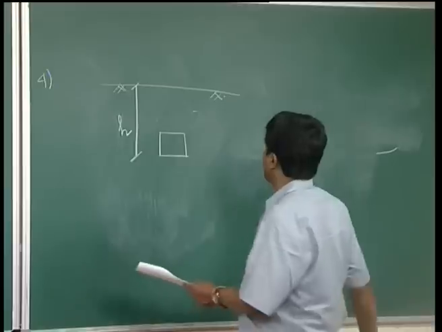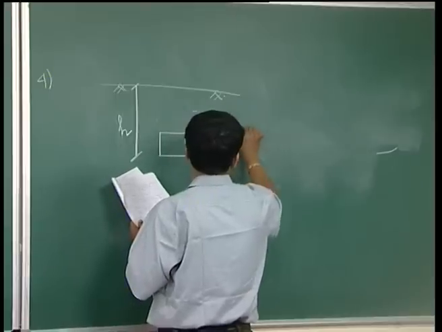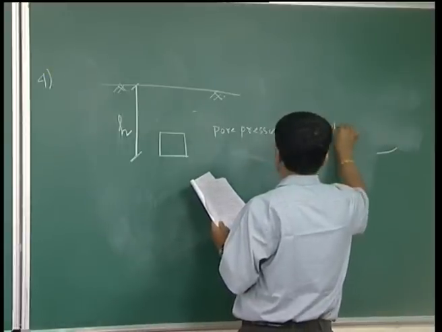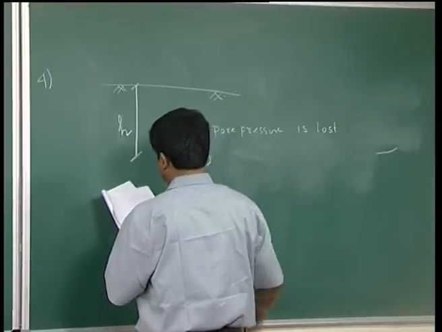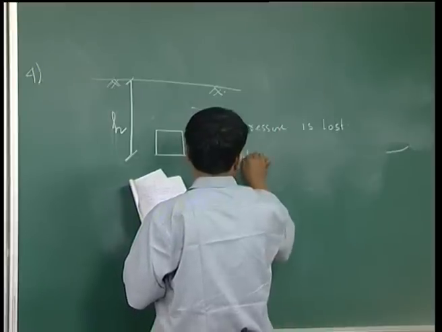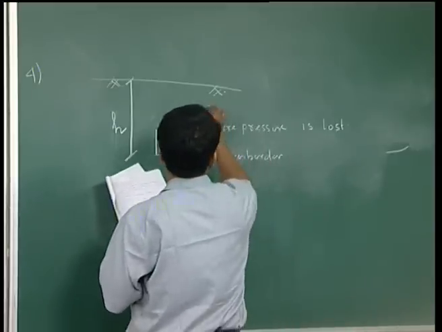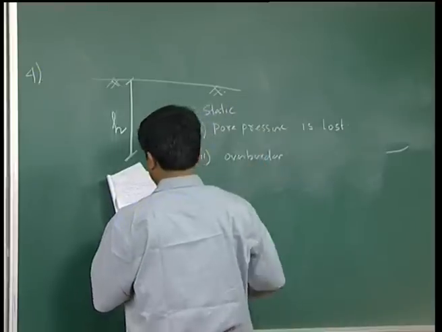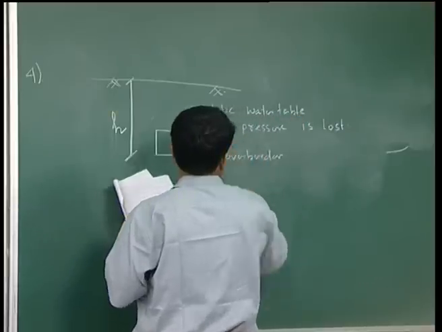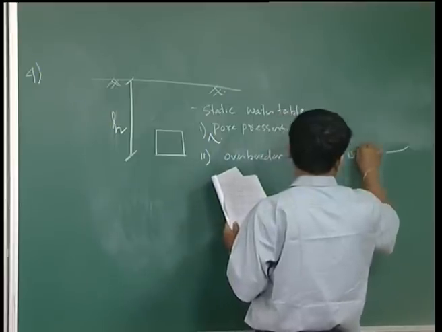The moment you collect this sample from below the ground, pore pressure is lost, static water table pressure is lost, then overburden pressure is lost.